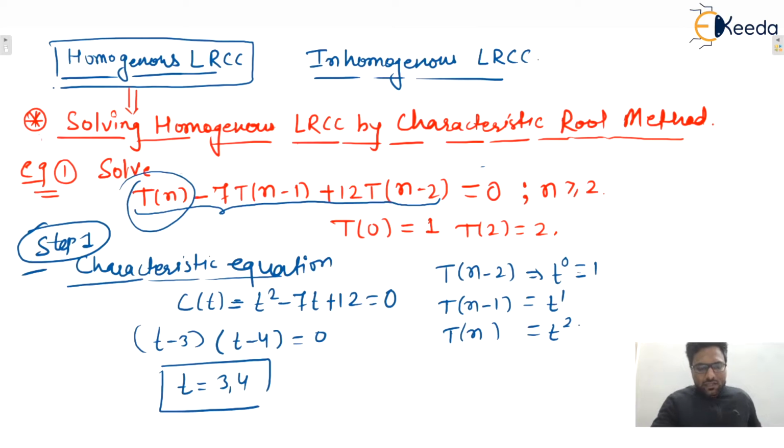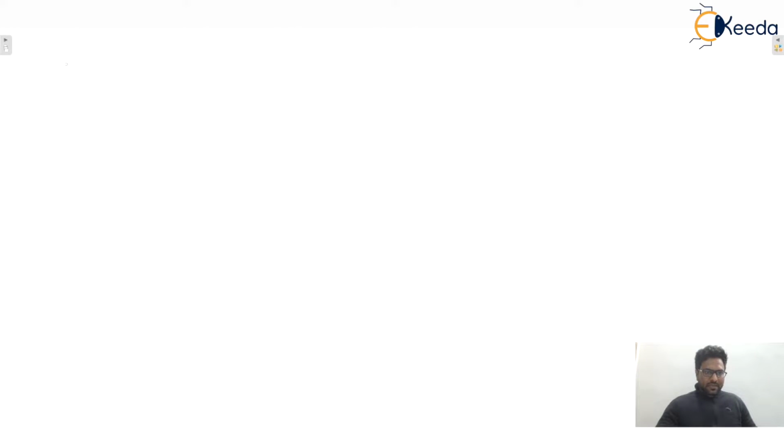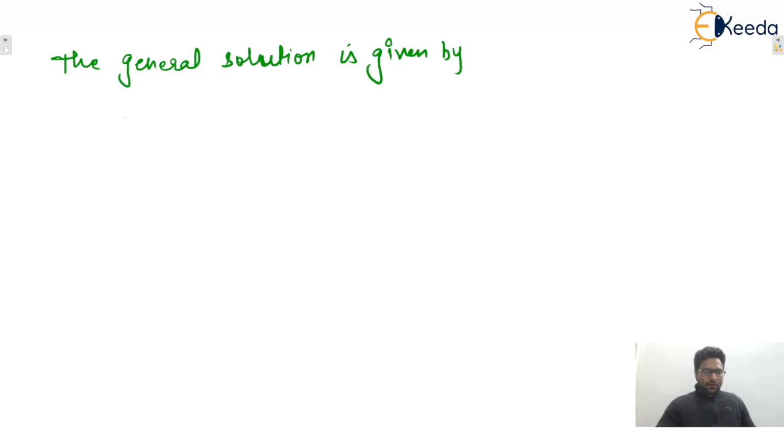Now how to give the solution or homogeneous solution? Write down. So the general solution or homogeneous solution is given by t of n equals to any constant, take one constant c1 into first root was what? 3, into 3 raised to power n plus c2, another root is 4, so 4 raised to power n.